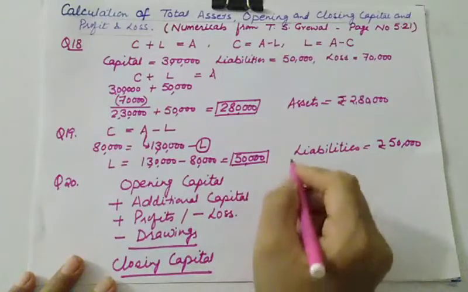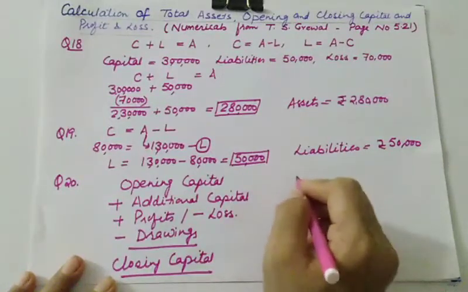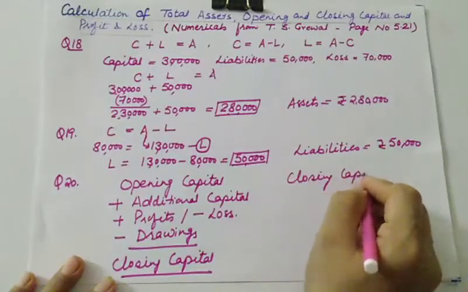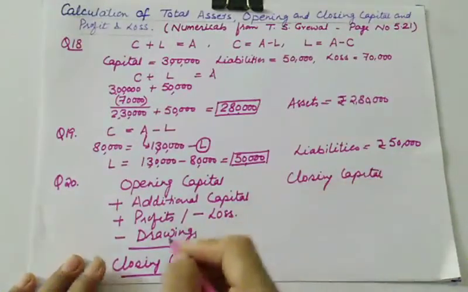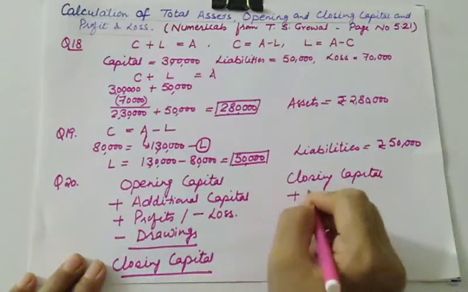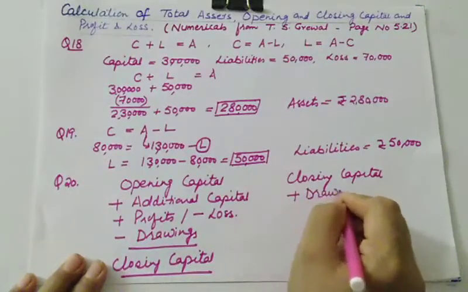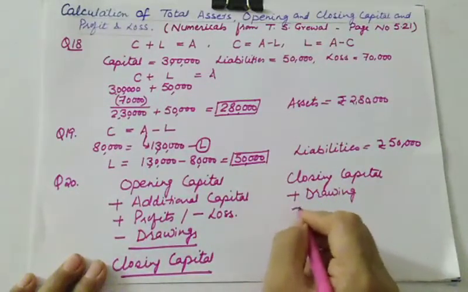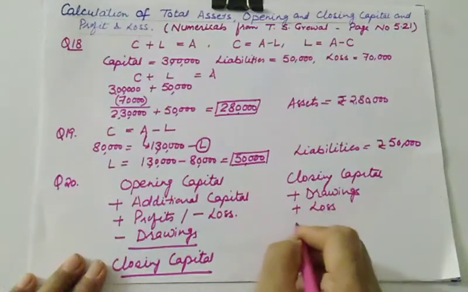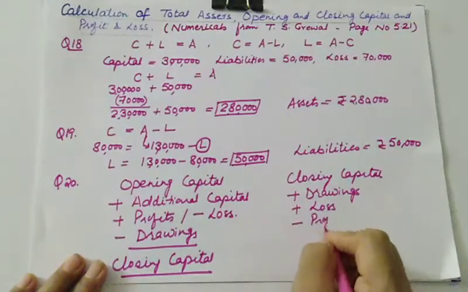So this is the formula of closing capital, and in case you are required to calculate opening capital with the help of closing capital, then this formula will be just the reverse of this. Starting from closing capital, whatever items were added, now these will be deducted, and items which were earlier deducted will be added now. So in this we can add drawings, we can add losses, and profits will be deducted.